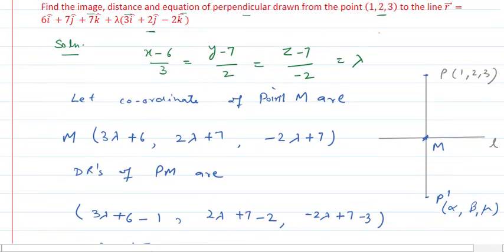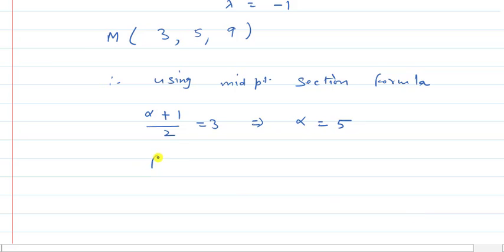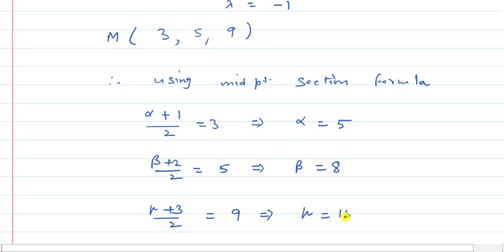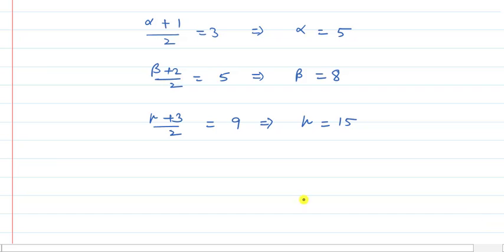Next we are having beta plus 2 upon 2 is equal to 5. From here we are getting beta is equal to 8. Next, gamma plus 3 upon 2 is equal to 9. From here, we are getting gamma is equal to 15. So, therefore, the image we are getting as 5, 8 and 15, which we have considered P dash.